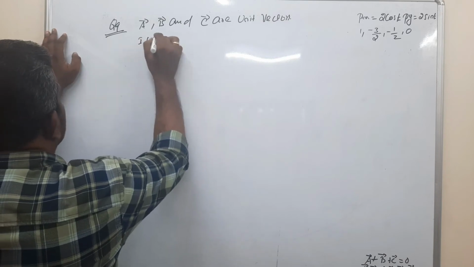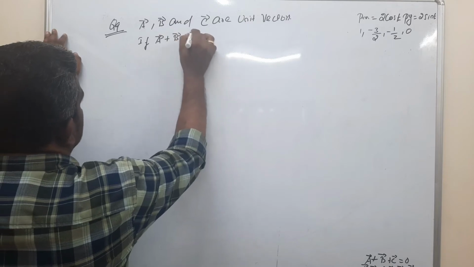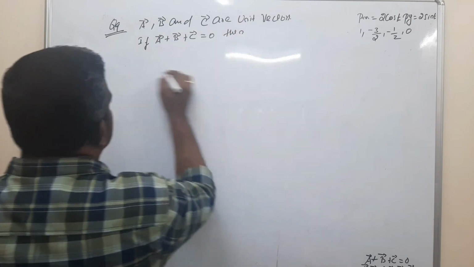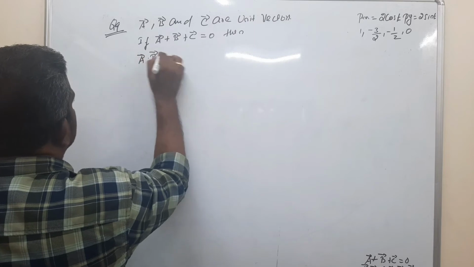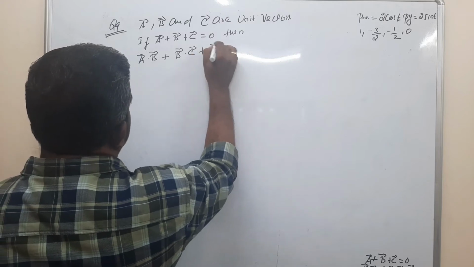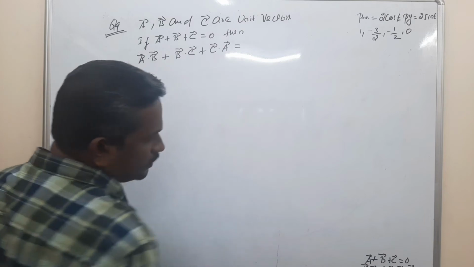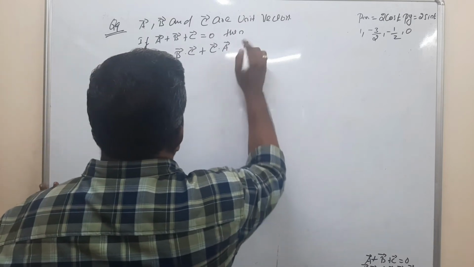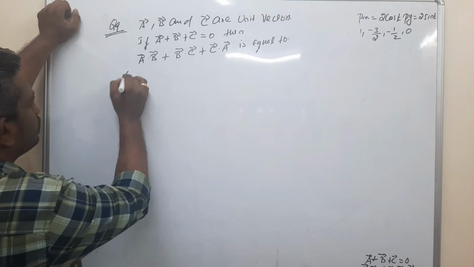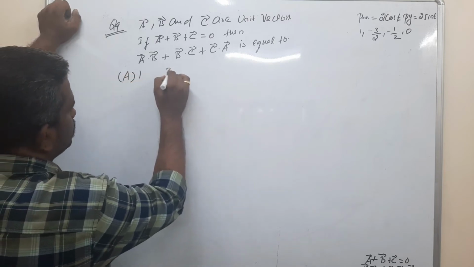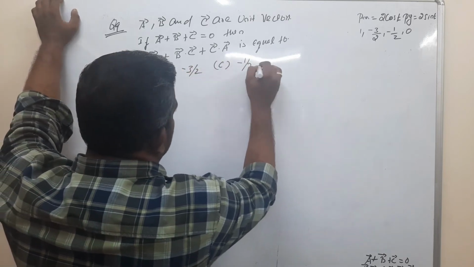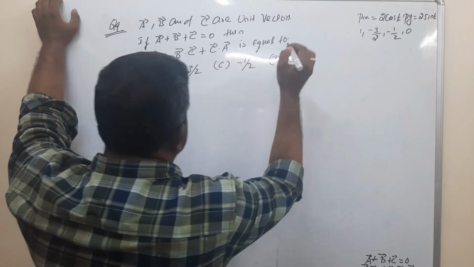If A vector plus B vector plus C vector is equal to 0, then A vector dot B vector plus B vector dot C vector plus C vector dot A vector is equal to: option A, 1; option B, minus 3 by 2; option C, minus 1 by 2; option D, 0.